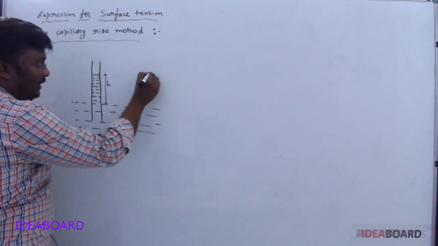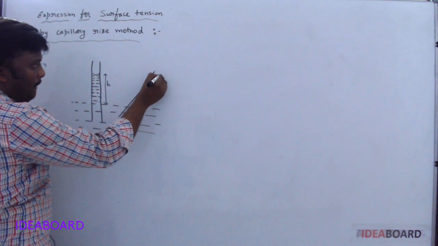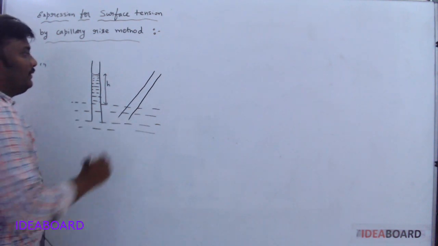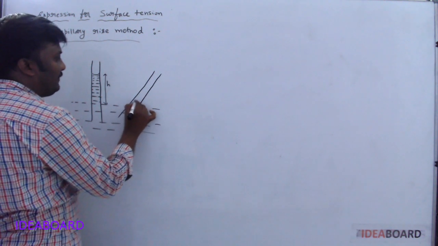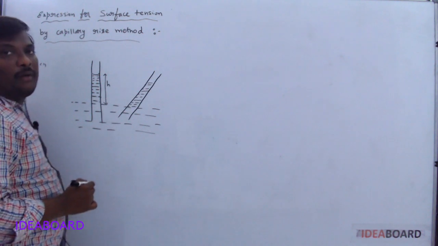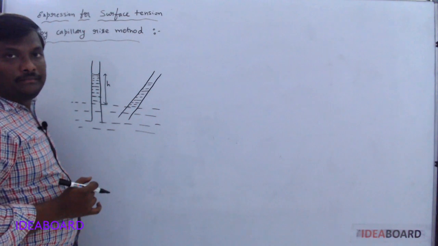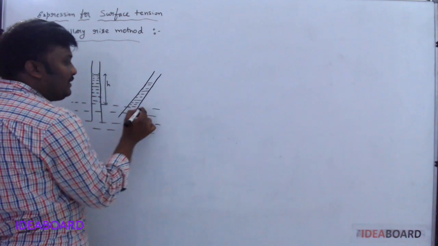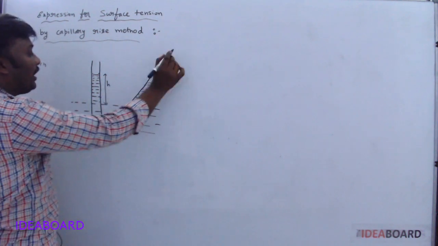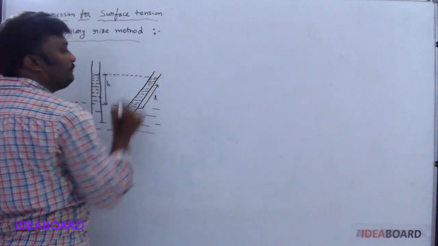This capillary tube is now tilted like this. Then the liquid will come in this way now. Okay, now he was asking what happens to the length of the liquid column. So here always keep in mind h does not vary.